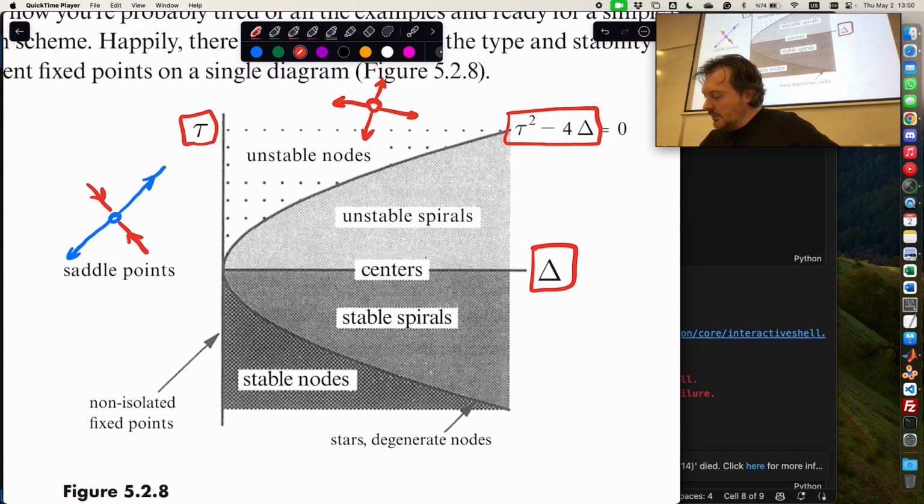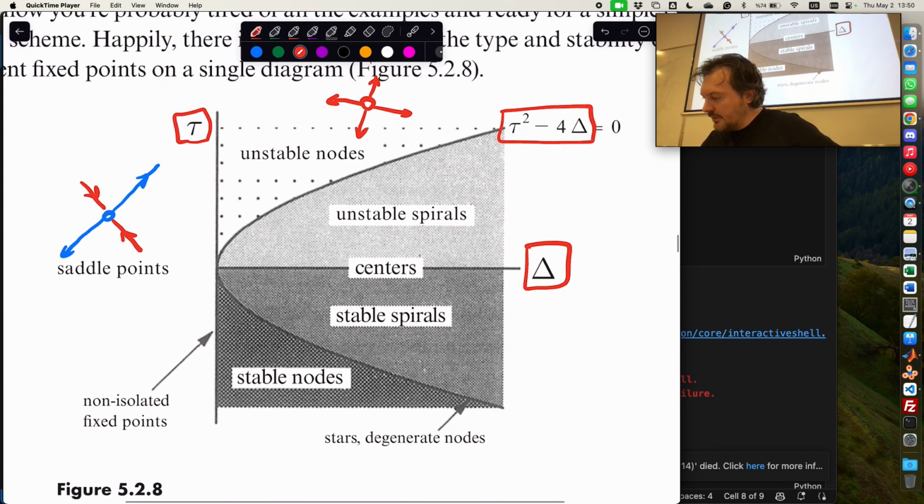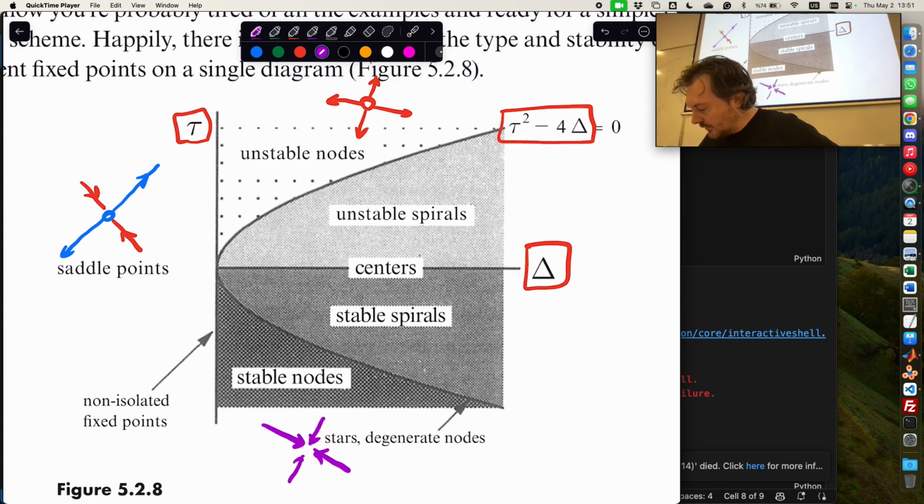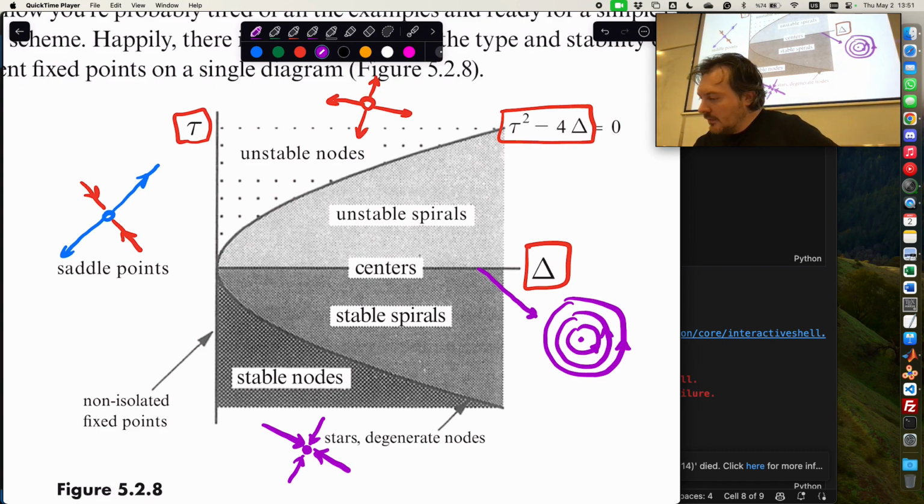If you are over here, it's attracting in both directions. So you have a stable node. If you are right on this line, then you have centers, meaning that you go like this. Okay. If you are in this region, then you have a stable spiral.